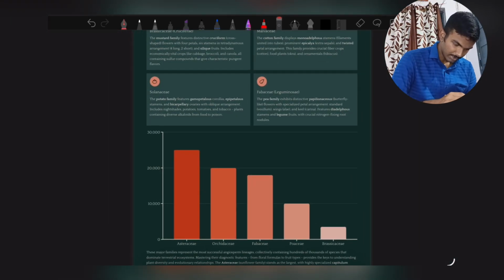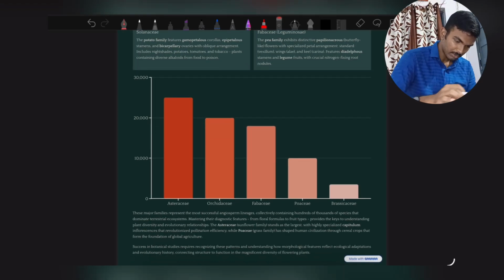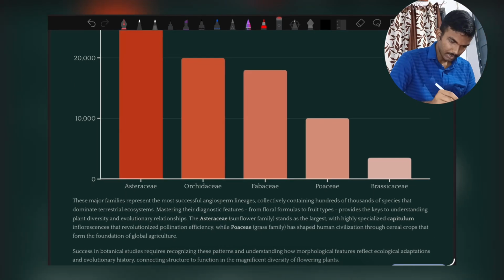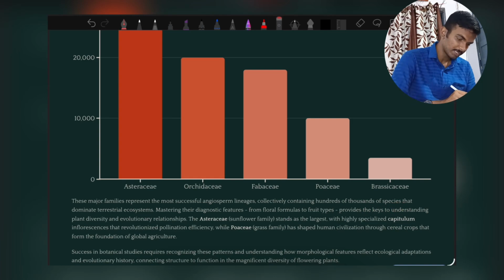These major families represent the most successful angiosperm lineages, collectively containing hundreds of thousands of species that dominate terrestrial ecosystems. Mastering the diagnostic features, from floral formulas to fruit types, provides a key to understanding plant diversity and evolutionary relationships.